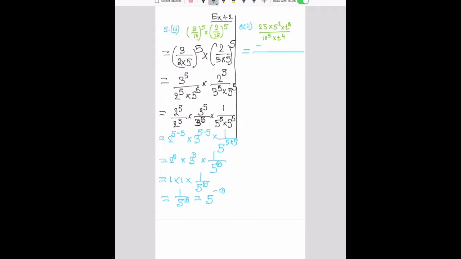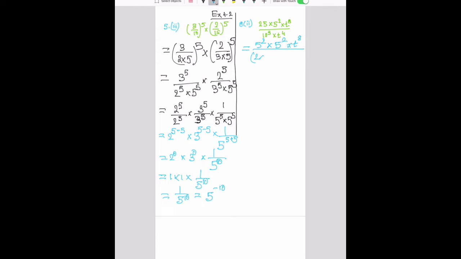You can write that as 5 square into 5 square, and t is just an alphabet with the power, you keep it as it is. So 10 cube can be written as, 10 can be broken down as 2 into 5. And t can be written as t to the power 4.